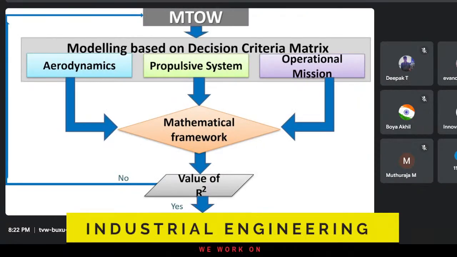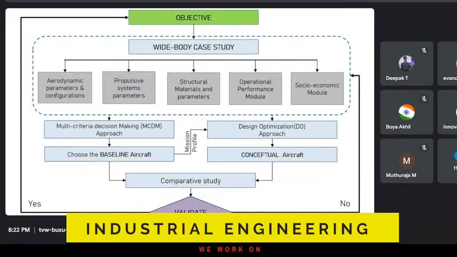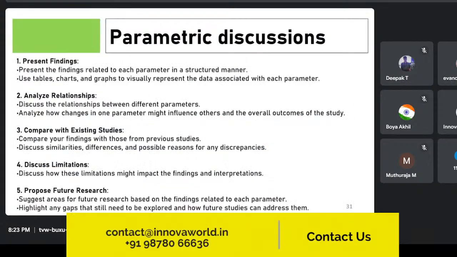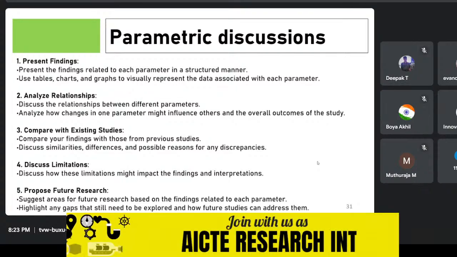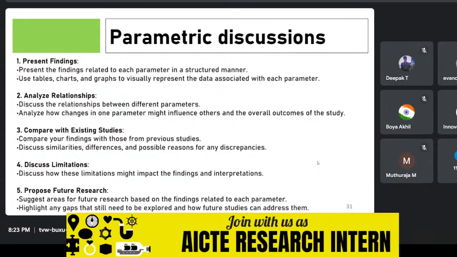So this is the other way to formulate and show and represent your flow chart. Parametric discussion, how to do it? These are the layouts of the points that you can keep in your work chart, so that when you're preparing your research paper or writing your own article, it will be sorted and it will be easy.